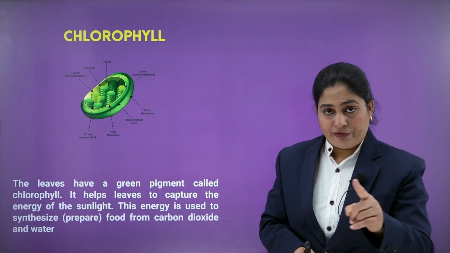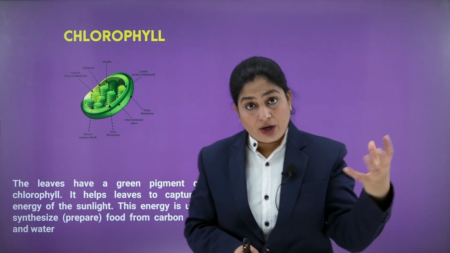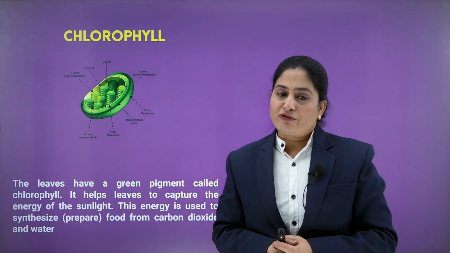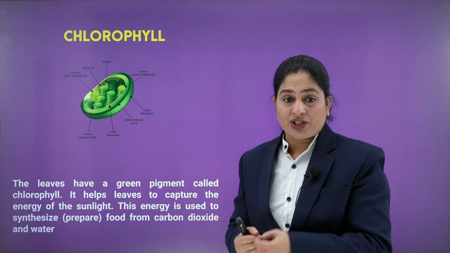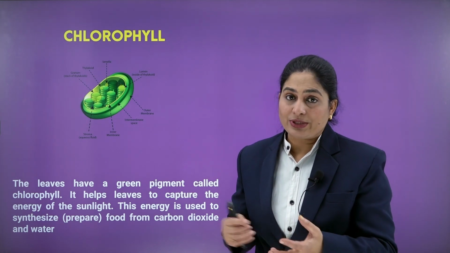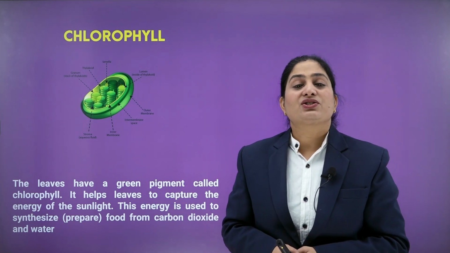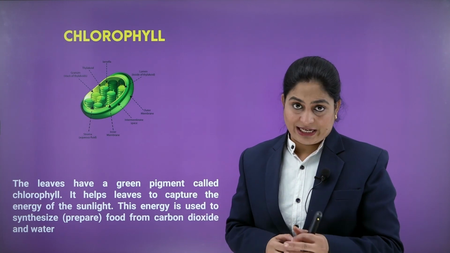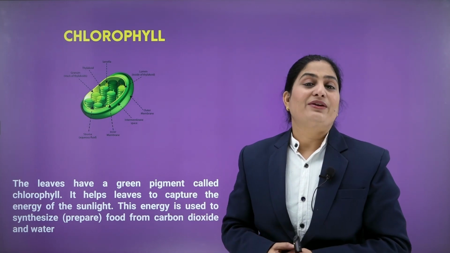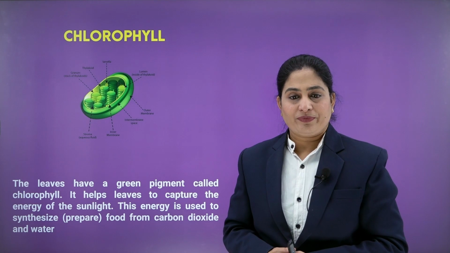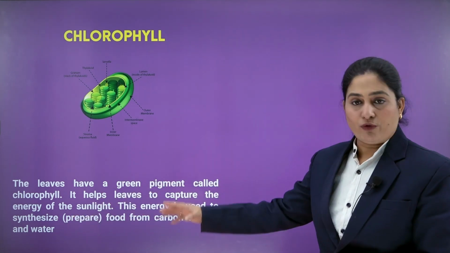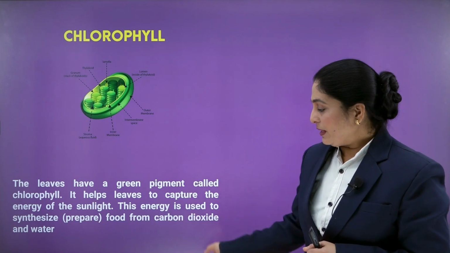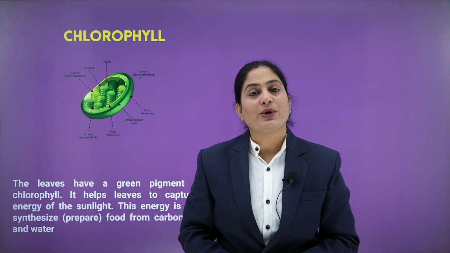It is chlorophyll that helps in capturing or absorbing the energy from the sunlight. Finally, it utilizes this energy to synthesize glucose, and exchange of gases takes place, helping the photosynthesis process. So this energy is used to synthesize or prepare food in the form of glucose with the help of carbon dioxide and water.